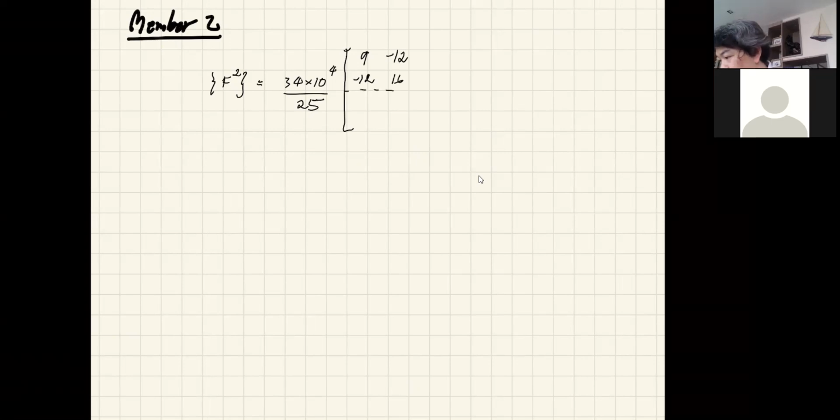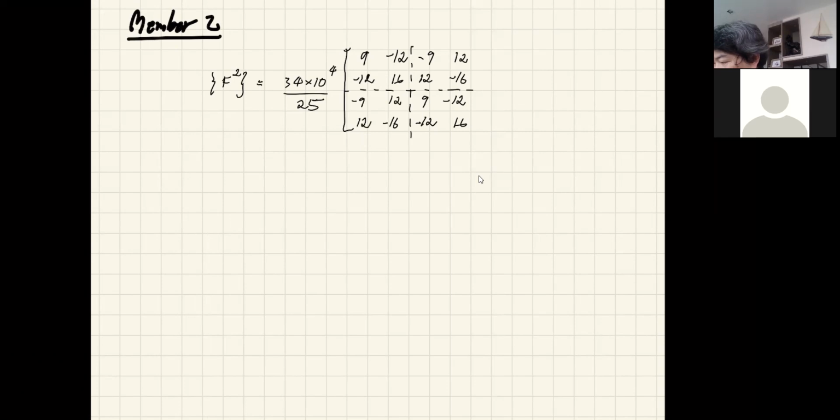Again, I always write like this. So this is 9, minus 12, minus 12, 16. So the rest should be the opposite. So it becomes minus 9, minus 16, 12, and 12, minus 9, minus 16, 12, and 12.